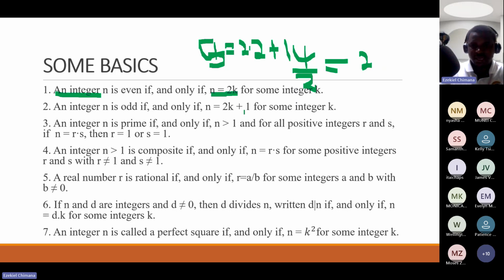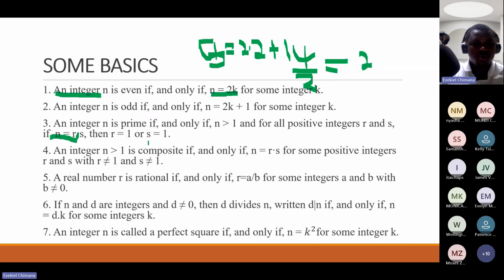And then, an integer n is prime if and only if n is greater than 1, that's the first thing for a prime number, and for all positive integers r and s, if n is equal to r times s, then r is equal to 1 or s is equal to 1. Remember from the definition, a prime number is divisible by 1 and itself. So one of them will be 1, and that's how you know it's a prime number.